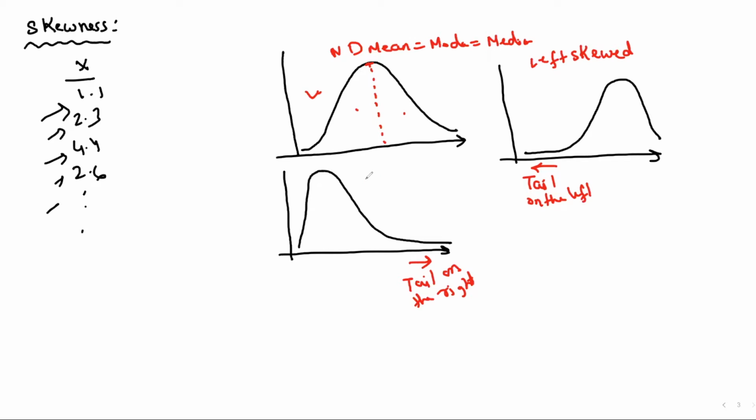This particular graph is right skewed. Skewness means elongation. It's continuing in this pattern. So this is left skewed, also known as negative skewed. This is right skewed.